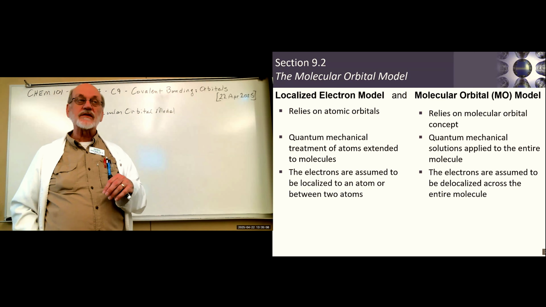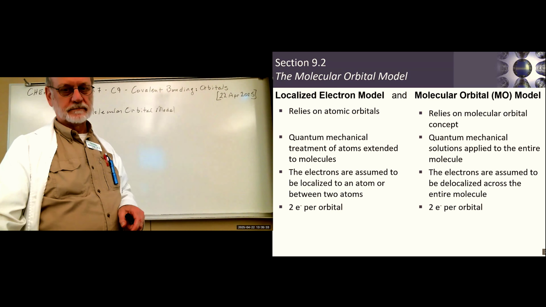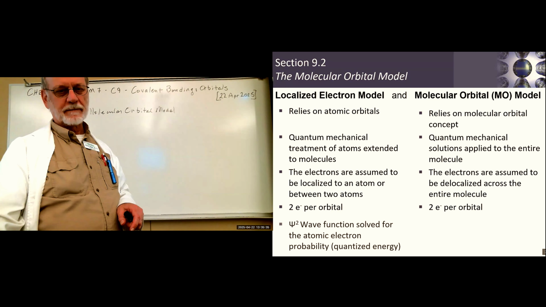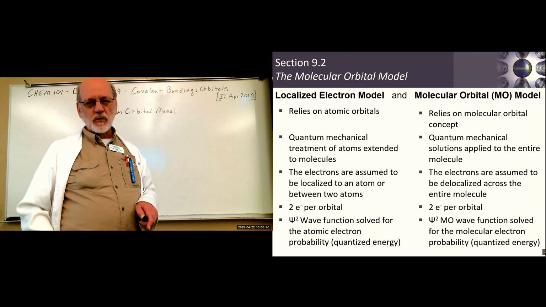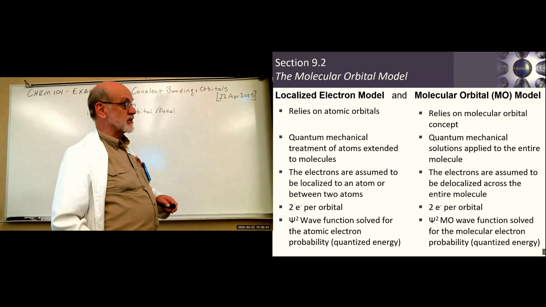We still have two electrons per orbital. Whether it's the atomic orbitals or the molecular orbitals, we still hold to that rule. We still have quantized energy too.